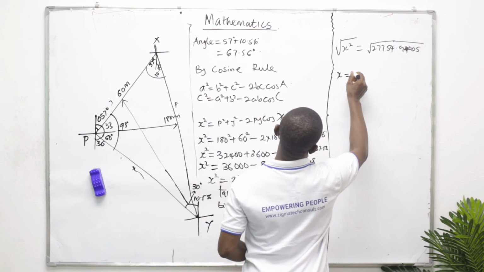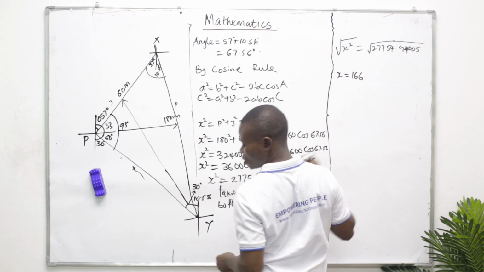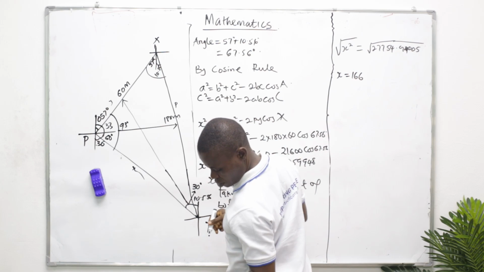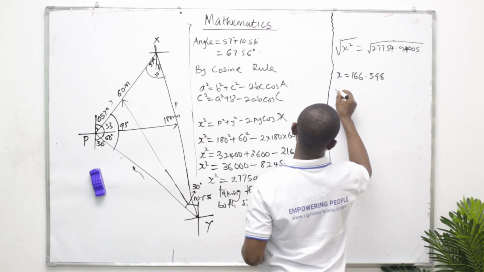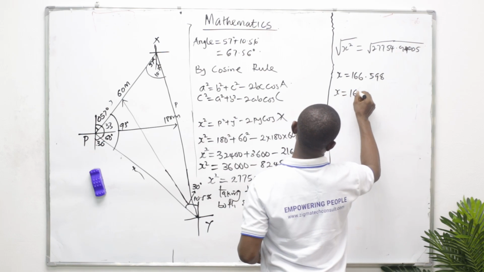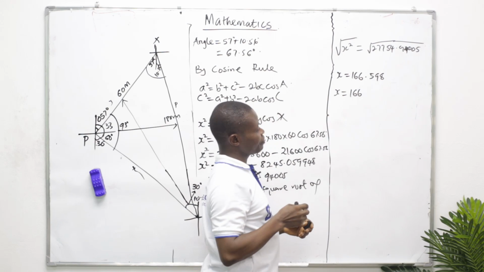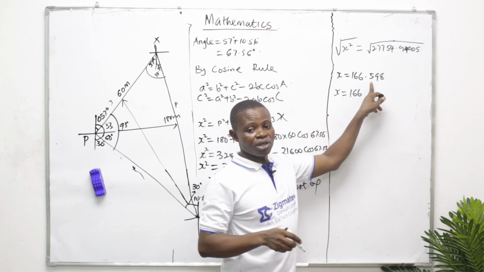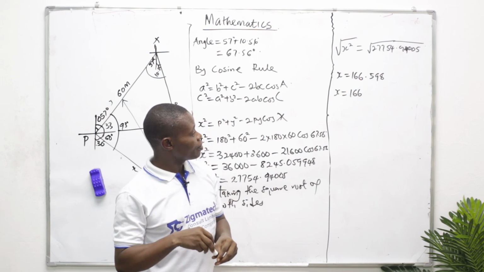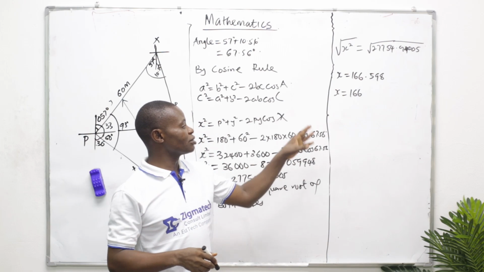S now equals 166.598. S equals 166. That's three significant figures, 1, 2, 3. Can 5 approximate? Yes is the answer. So call it 1 and add to 6.